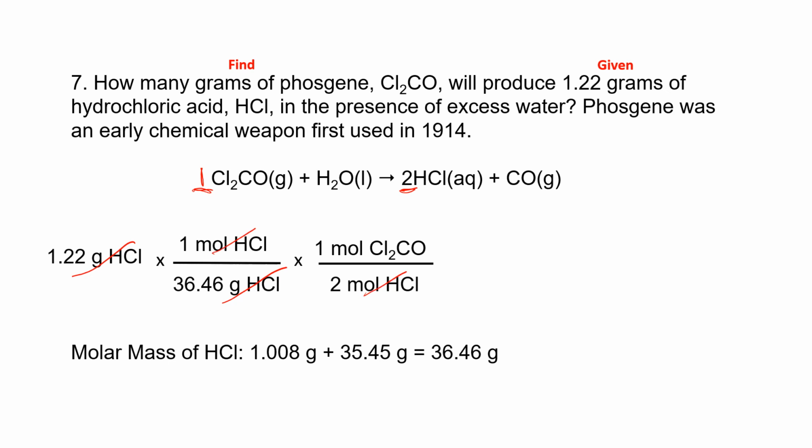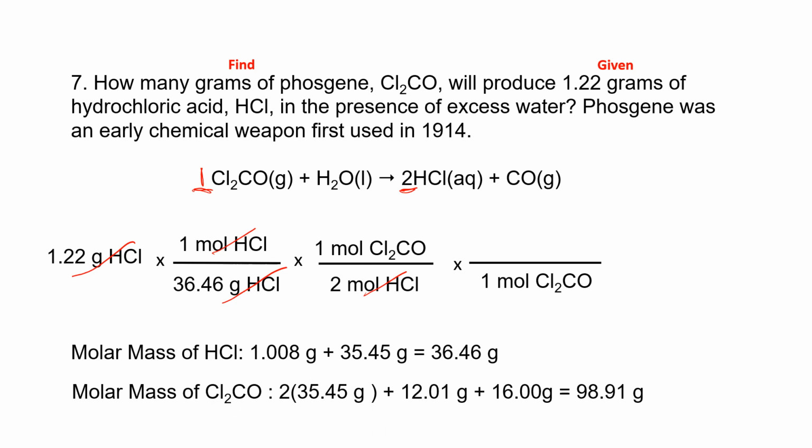So now we need to get from the moles of phosgene to grams of phosgene, and we're going to do that by using molar mass. So moles of phosgene will be in the denominator, which means molar mass has to be in the numerator. So when we find the molar mass on the periodic table, you can see how I worked it out on the bottom of the slide.